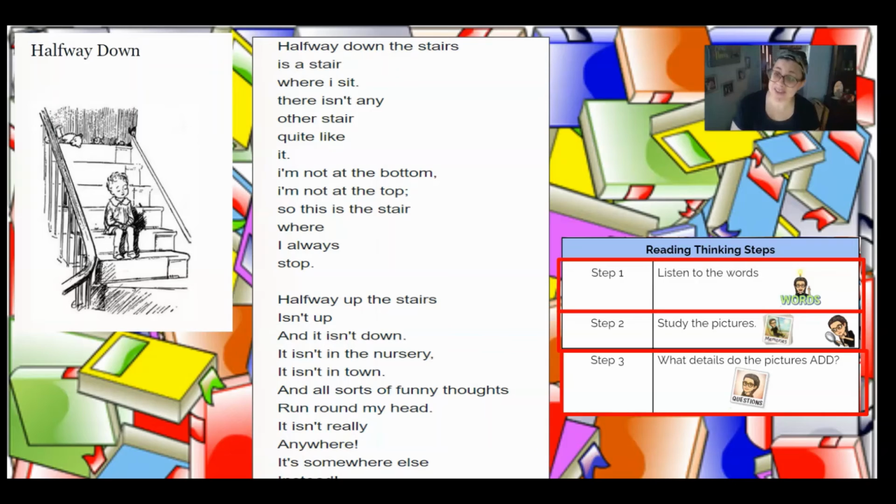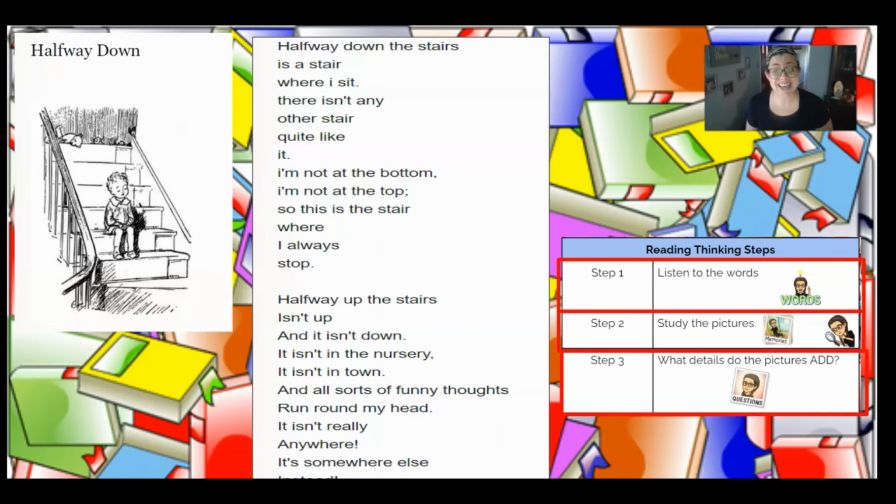We've been learning about our 5 senses, so let's connect our 5 senses to Halfway Down. What sense did you use while studying the illustration for this poem, and how did you use it? Your teacher is going to pause the video, and you guys are going to talk about what sense you had to use while studying the illustration for this poem, and how you used it.